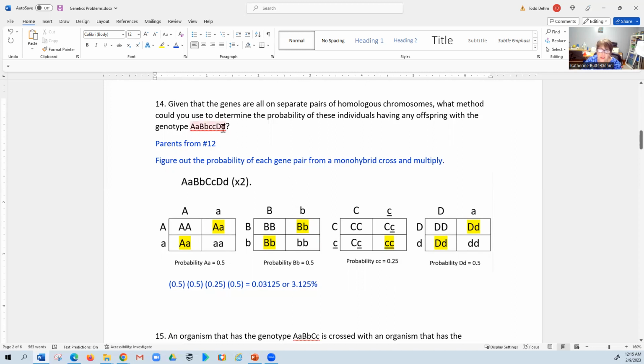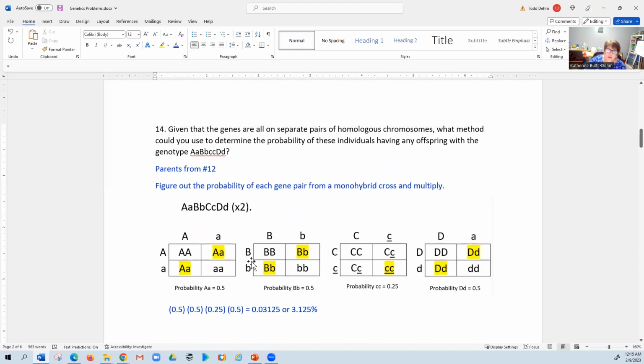And the probability of heterozygous with the D's is going to be 0.5. So you just multiply all those probabilities together, 0.5 times 0.5 times 0.25 times 0.5, and you're going to get 0.03125 or 3.125%. I don't know if they want you to round it, but there you go.